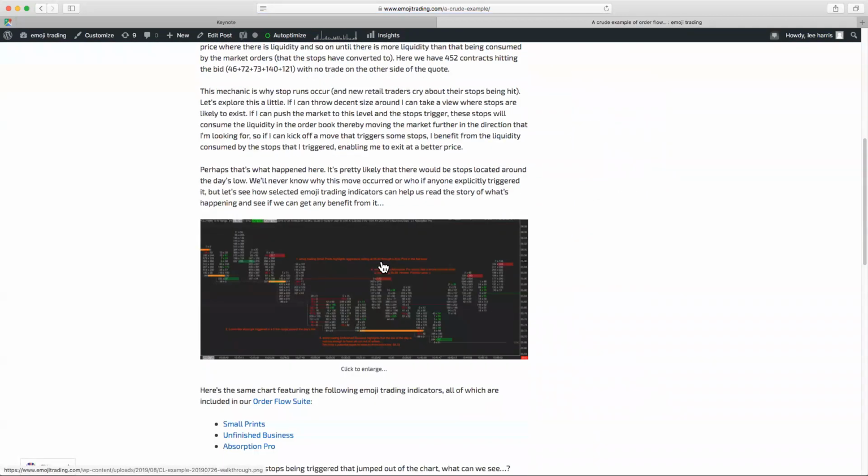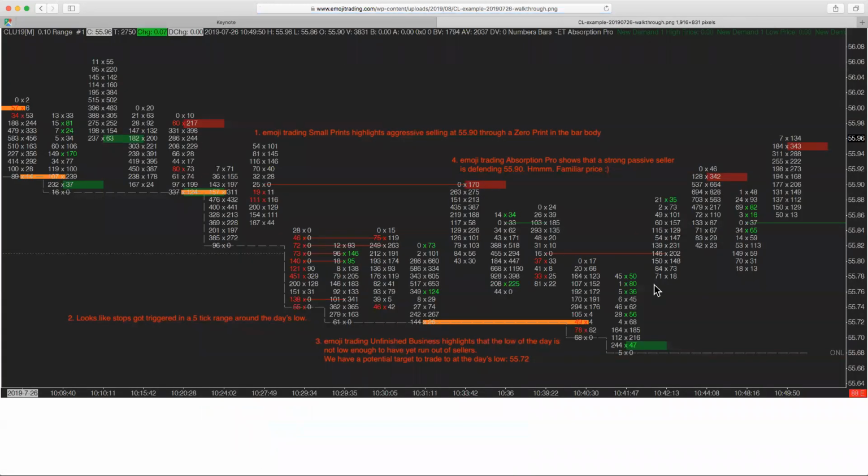You've got the ability to read it yourself. I'm not going to go through it in massive detail, but we've got a nice walkthrough of reading the story of a situation that happened in the market that was actually triggered off by a small print, in fact, a zero print.